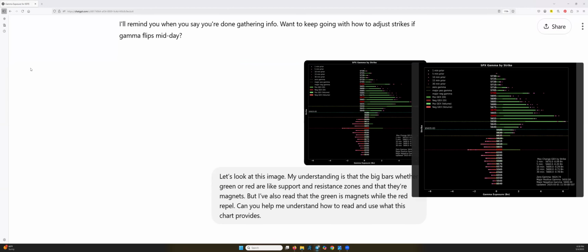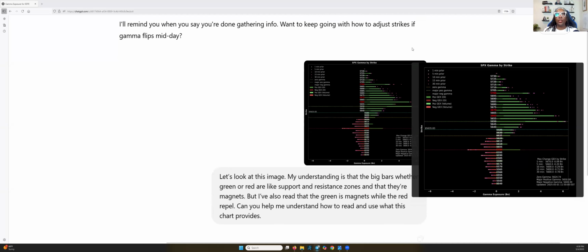The taller parts, the highest part, that's considered the wall. But the green is a zone. From what I understand, the whole green area up there is a zone, but the highest peak is the wall. It's like the pinning place. So yes, you could call that a wall too. I can go with that.